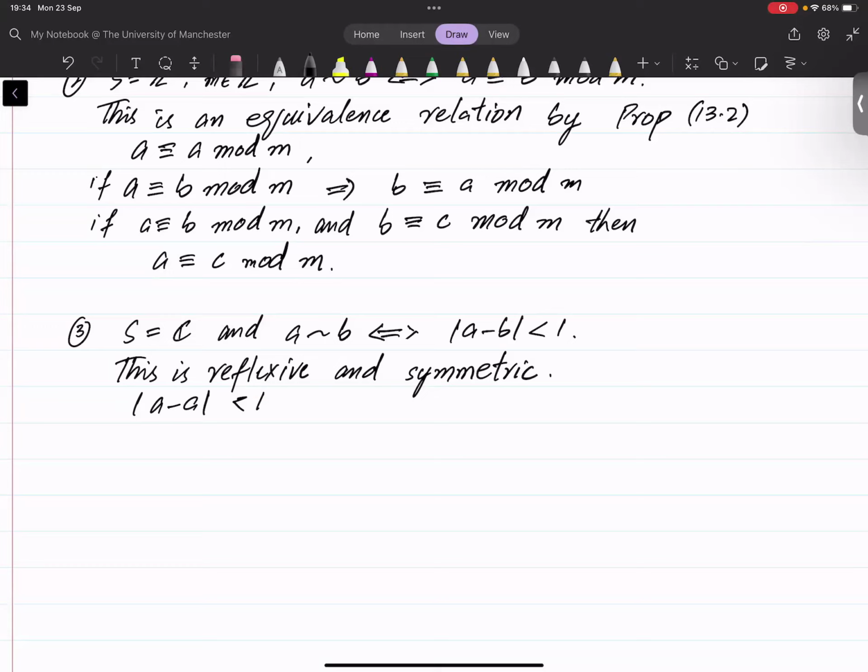And if mod of A minus B is less than 1, then mod of B minus A is less than 1 in complex numbers.